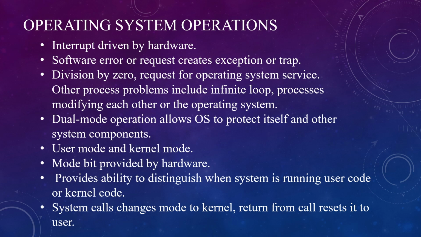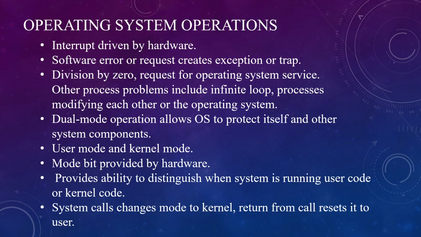To protect the system from such issues, the OS uses a concept called dual mode operation. This means the system operates in two different modes: user mode and kernel mode.